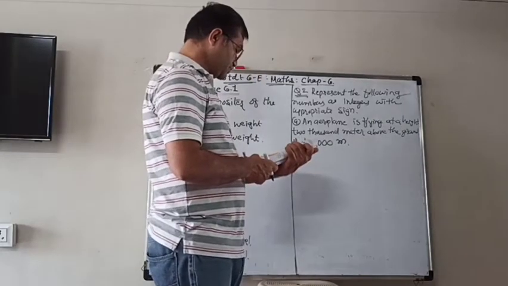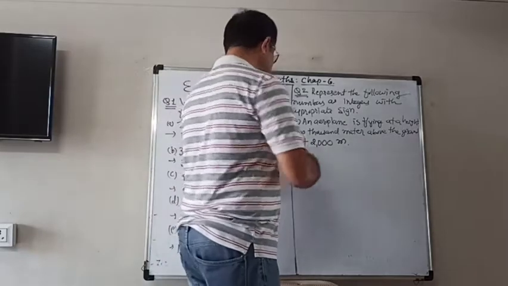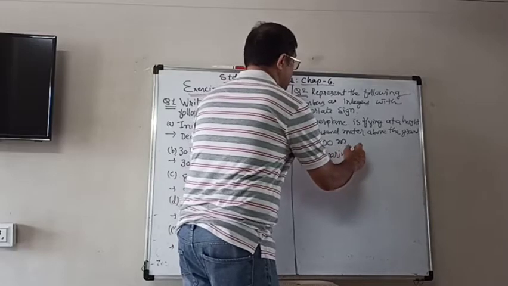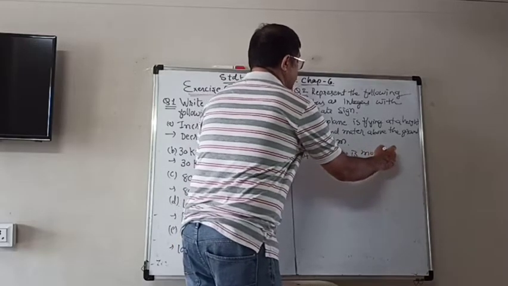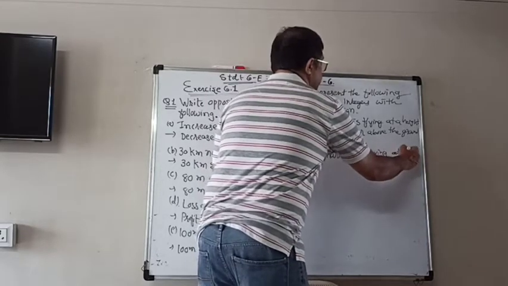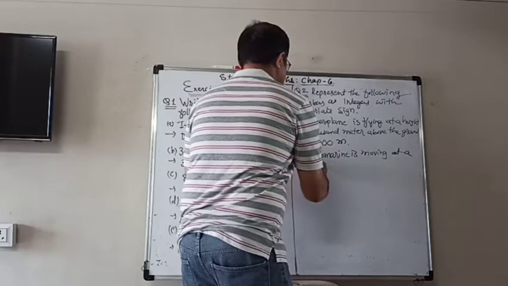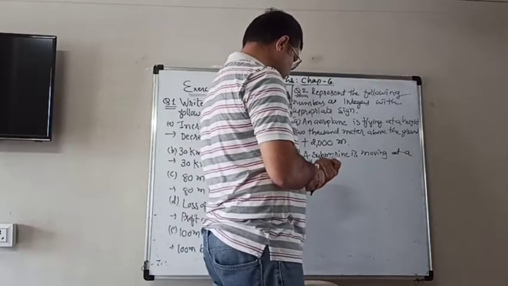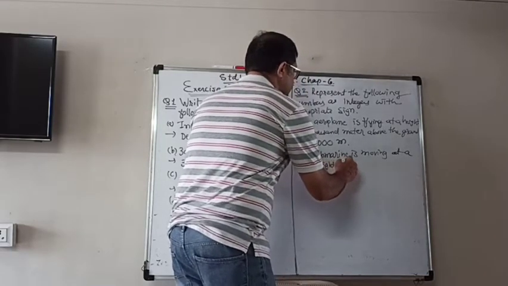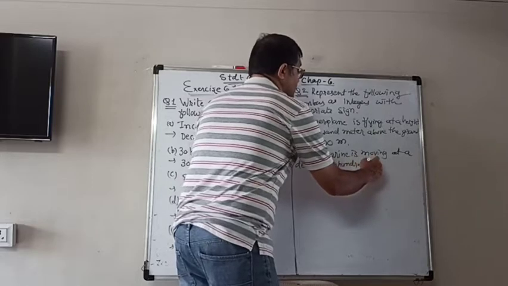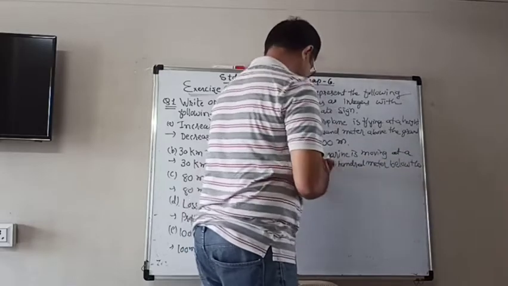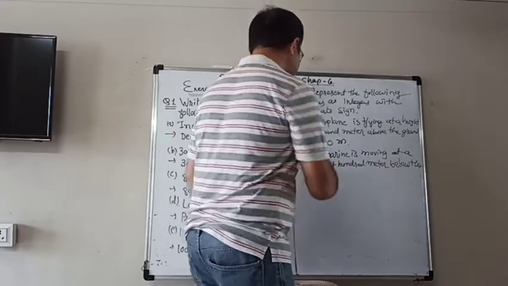Second one is a submarine is moving at a depth of 800 meter below the sea level.